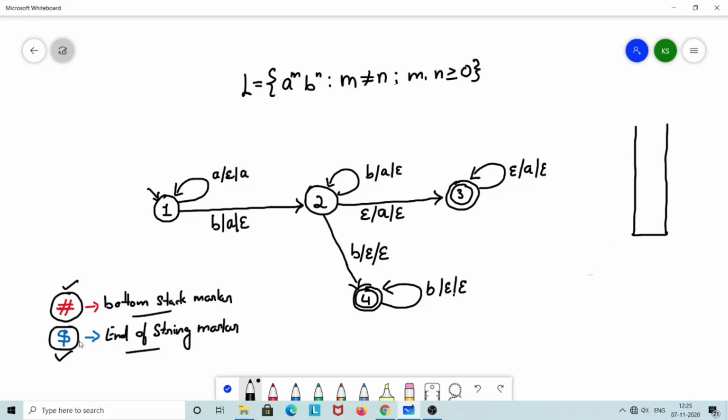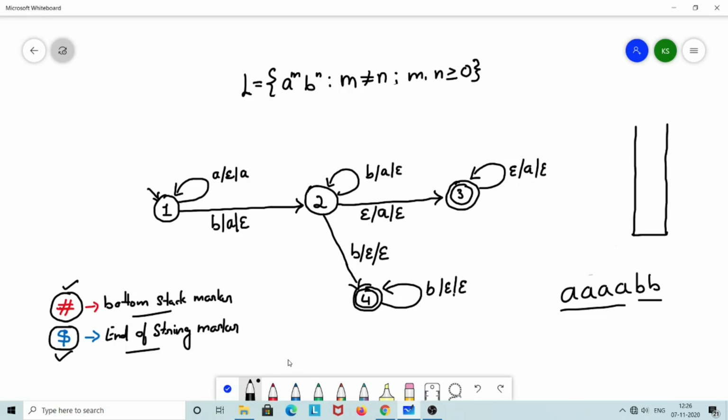To get a clear idea, we'll take an example. First let us consider a scenario where I have more A's. In this case, I have 4 A's and 2 B's. We'll make use of these two symbols, the bottom stack marker and dollar, in our operations to determine whether the string is accepted or not.